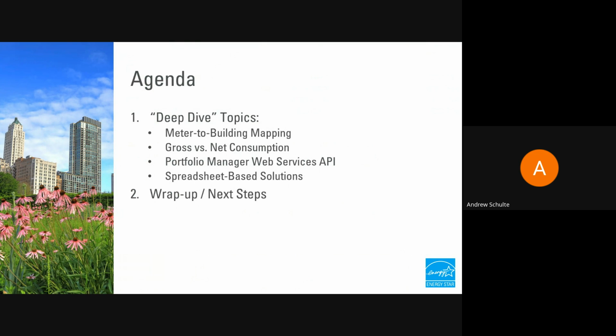Then the final 2 sections are going to be talking about different delivery mechanisms for the aggregate whole building energy data that you will be compiling on behalf of requesters. The first is the Portfolio Manager Web Services API, which is a requirement under the BEPS law for utilities above a certain size.